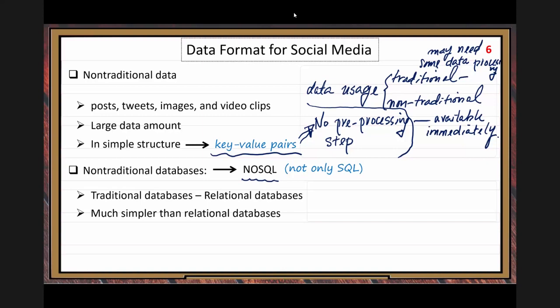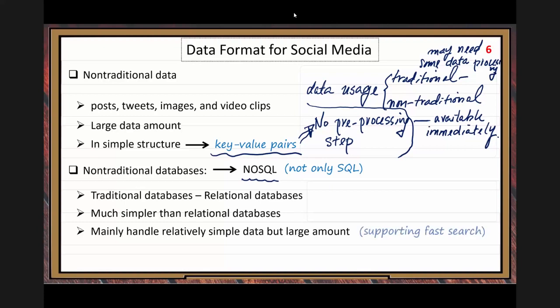They mainly handle relatively simple but large amounts of data. Every minute in the world there is a large number of new posts. This is quite different from traditional database work. They support fast search.